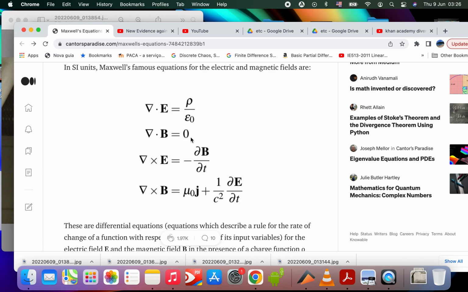Okay. The second equation, the divergence of the B field equals 0, says that there are no magnetic monopoles. There's only magnetic dipoles. Every magnet has a north and a south pole, and the south pole eats up all the field lines from the north pole along the axis of the magnet, and you get a divergence equals 0.